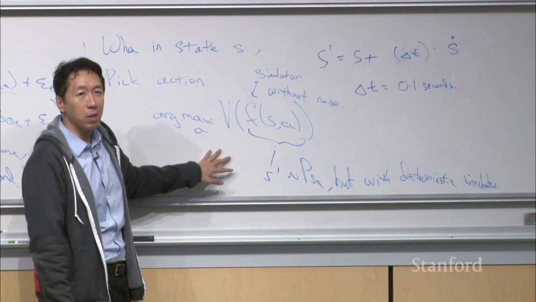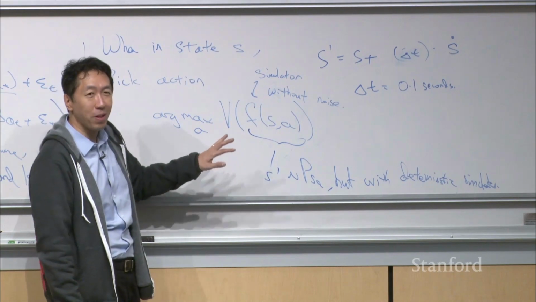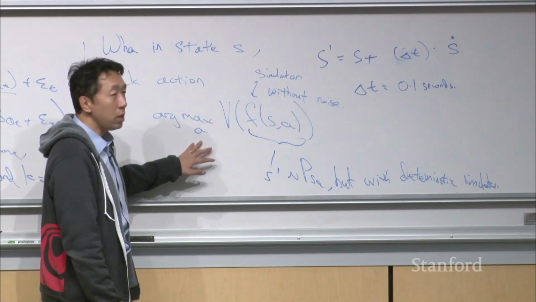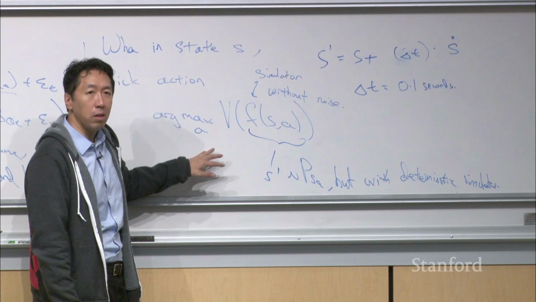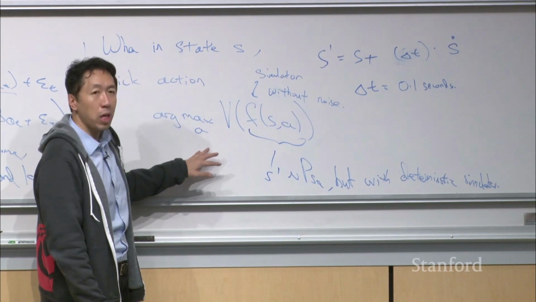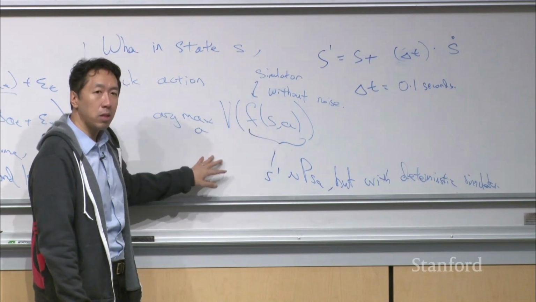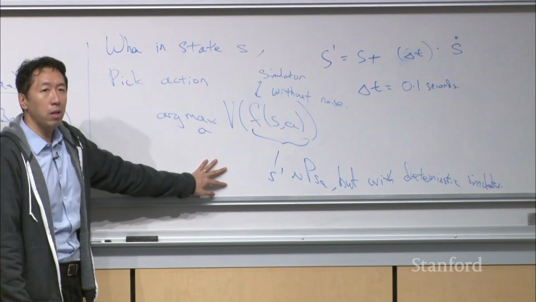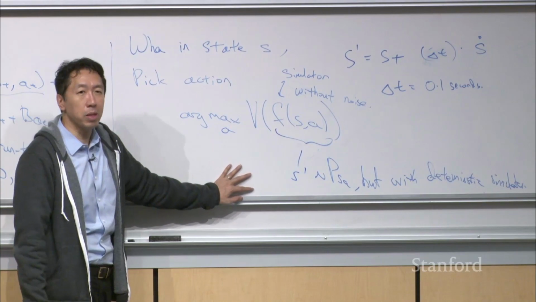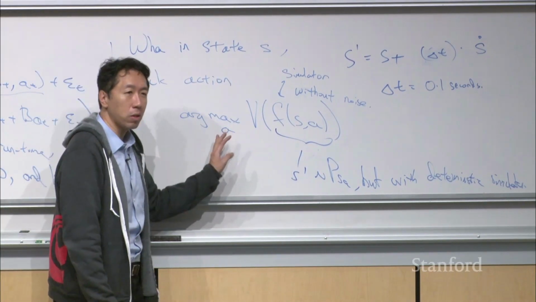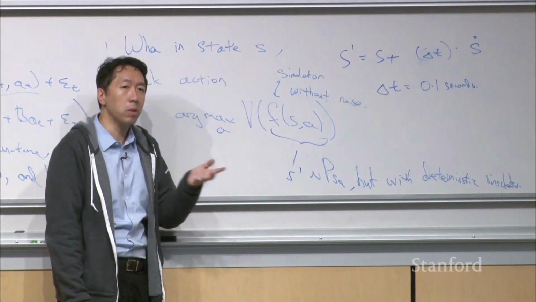I didn't mean to talk about this, so sorry, this is getting a little bit deeper. But even if A was a continuous thing, you can actually use real-time optimization algorithms to very quickly try to optimize this function, even as a function of a continuous action A. There's a literature on something called model predictive control, where you can actually do these optimizations in real time and use it for a helicopter.